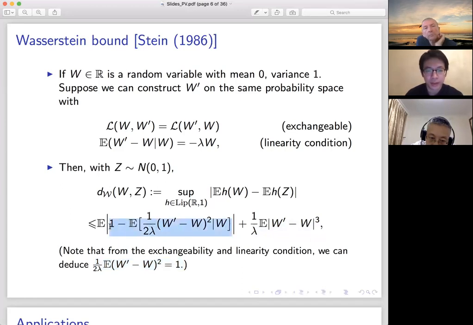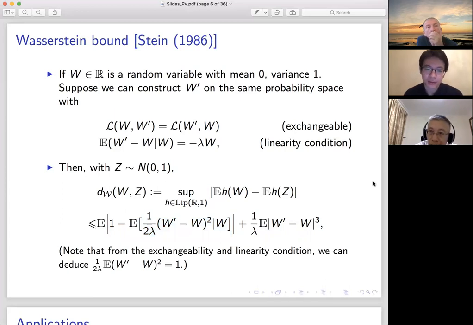Therefore, the first term actually measures the concentration of this conditional expectation around its average, which is 1. Usually we bound this first term by using Cauchy-Schwarz and bound the overall expectation by the square root of the variance of this conditional expectation.